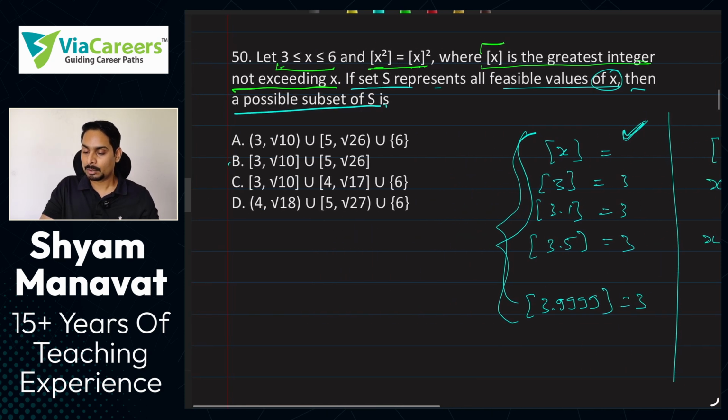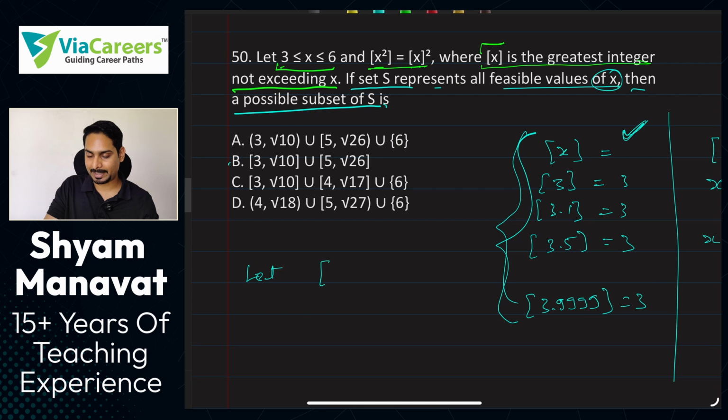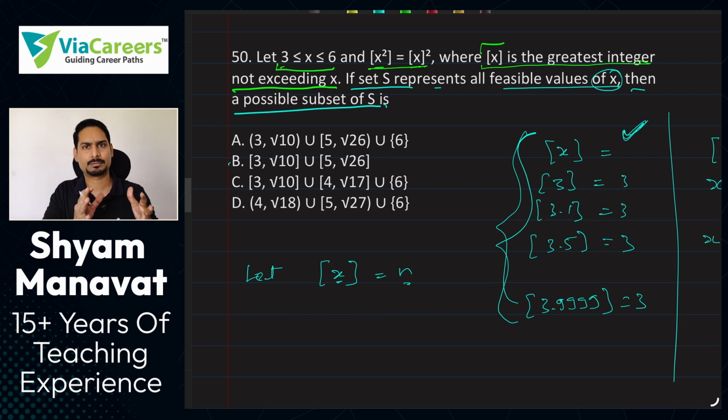Now, to solve this question, if I assume that the greatest integer should give you an integer value n, okay? X could be any floating value, decimal value. Floating value means decimal value भी हो सकता है वो. In such case, the square of this should also be n square.